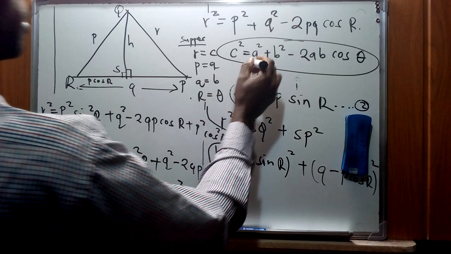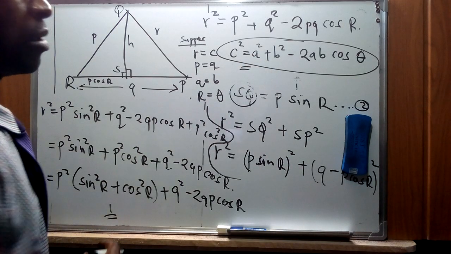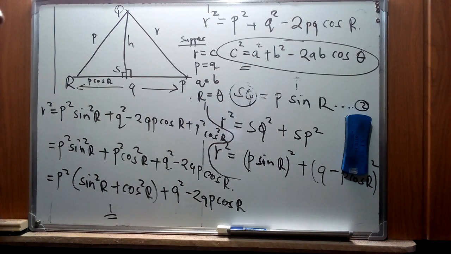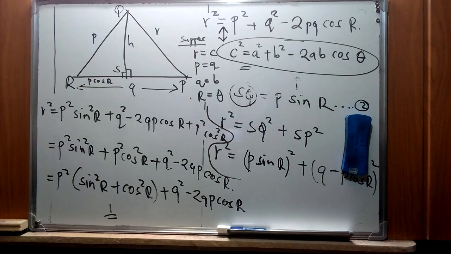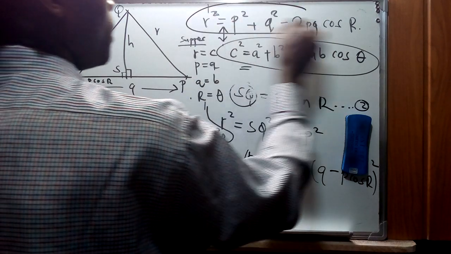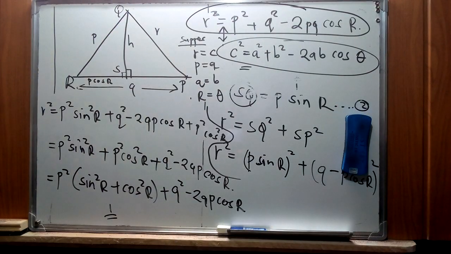I've used this specific example because it's the one that is normally applied in several cases, in that it's analogous to the equation that we have derived from this set of triangles. So basically, that's how we can show that the cosine rule, using the concept of vectors, is applicable.